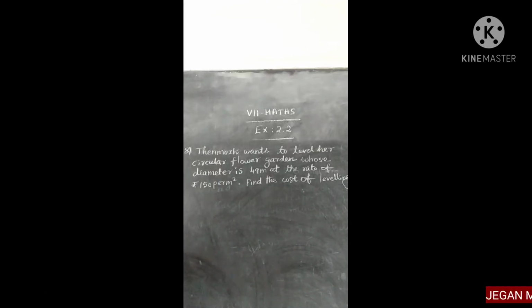Temori wants to level her circular flower garden whose diameter is 49 meters at the rate of rupees 150 per meter square. So find the cost of leveling. We write the solution.